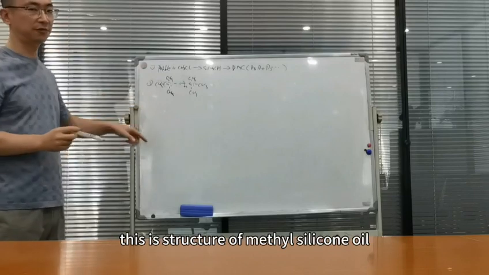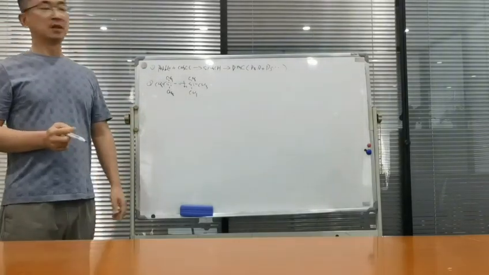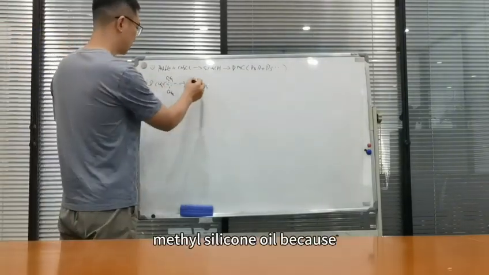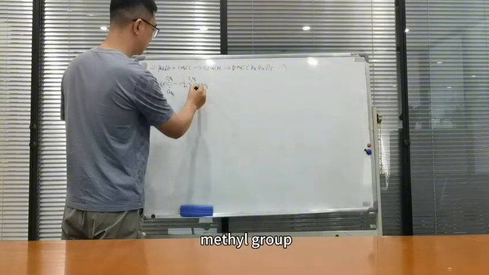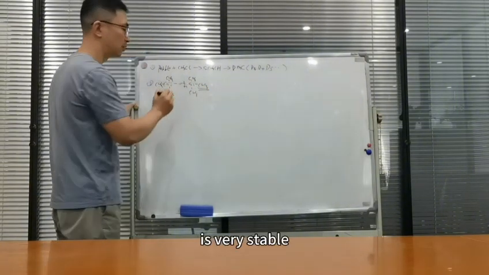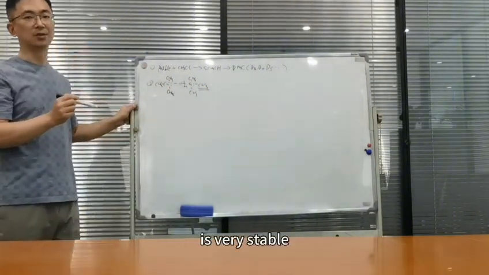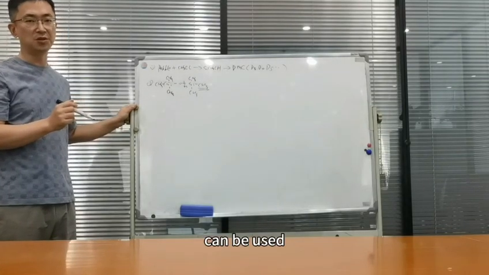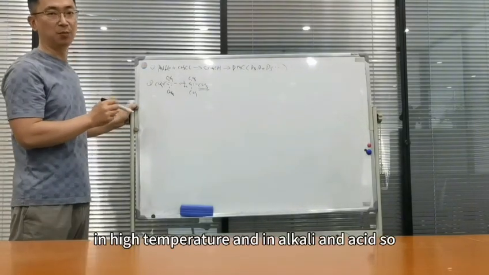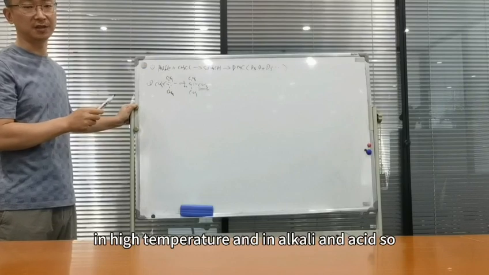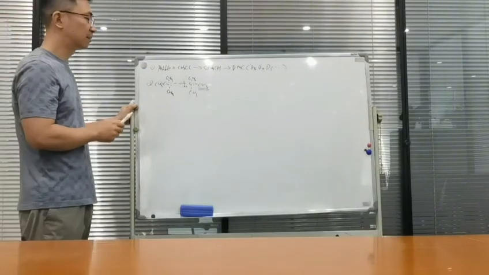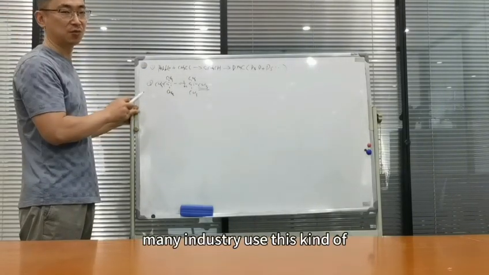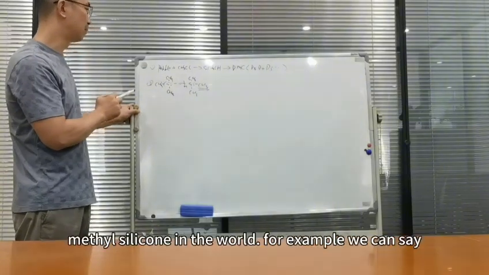This is the structure of master silicone oil. Because the methyl group is very stable, it can be used at high temperature, and in alkaline and acid conditions. So many industries use this kind of master silicone oil.